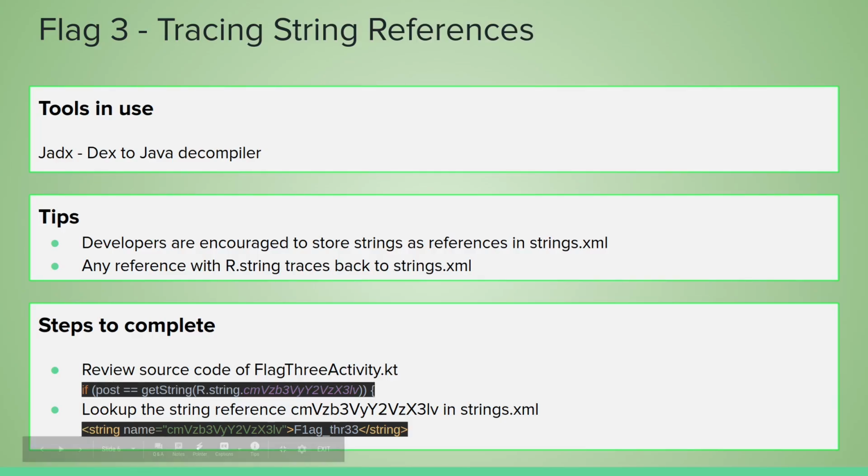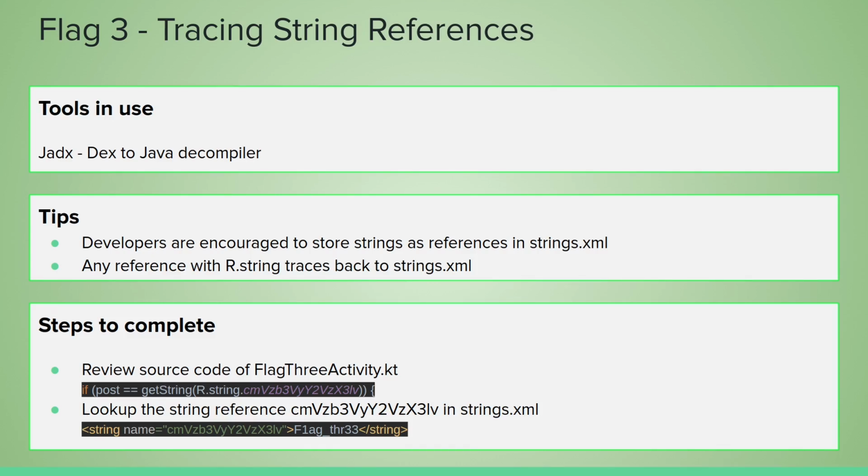Now moving on to flag 3, tracing string references. The tool we'll mainly use is JADX. A few tips about this specific concept are that developers are encouraged to store strings as references in strings.xml, and any reference with R.string traces back to strings.xml.